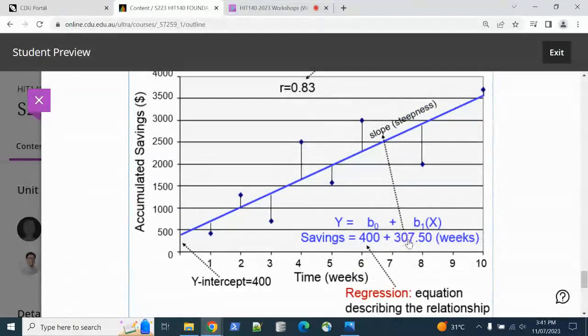And this happens to determine the slope. The larger this value, the steeper the slope, because a slight change in the time means a large increase in the accumulated savings. So those are some of the key components in regression.